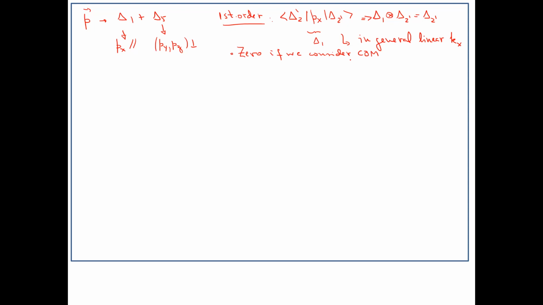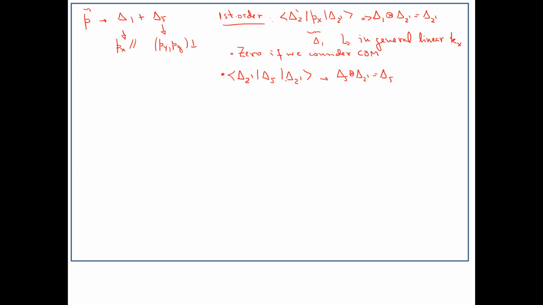Okay, so this is the longitudinal component of the momentum. What about the transverse component? So we have to analyze terms like that, and in this case this is actually zero, because delta 5 direct product with delta 2 prime is delta 5.